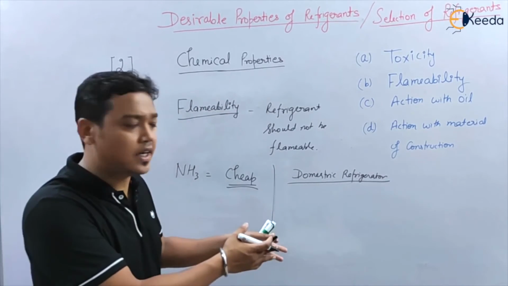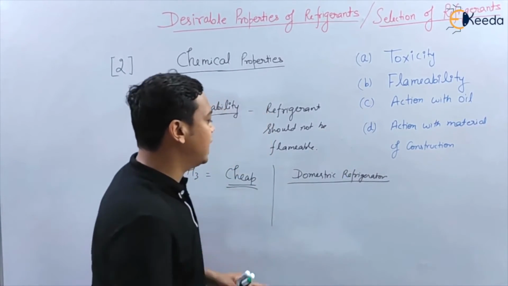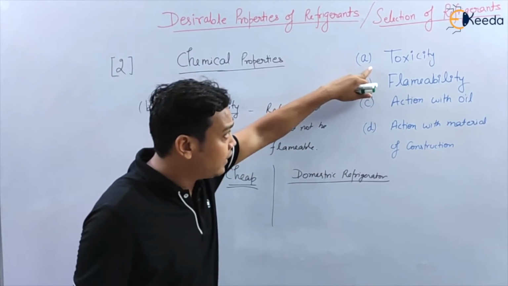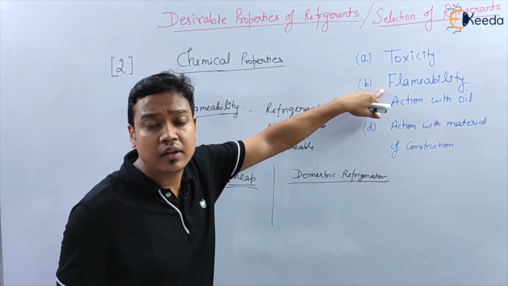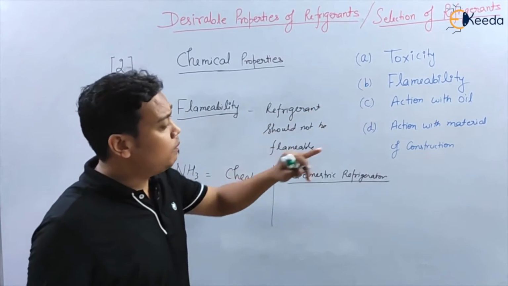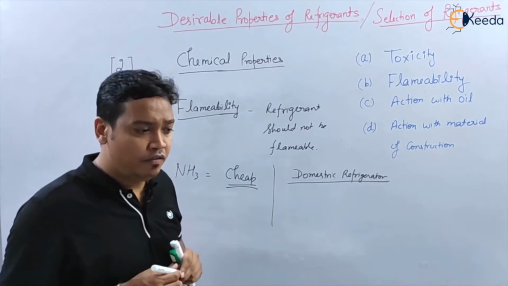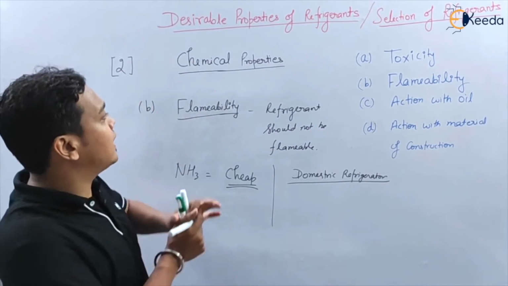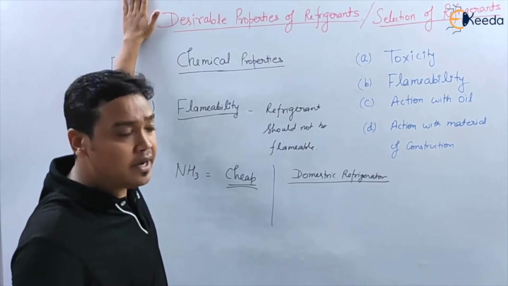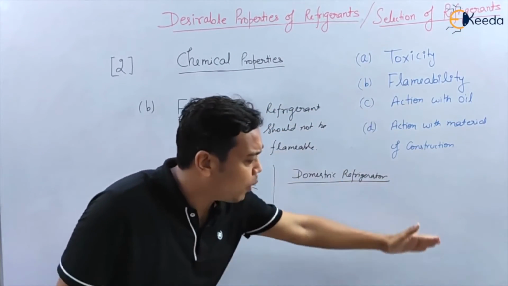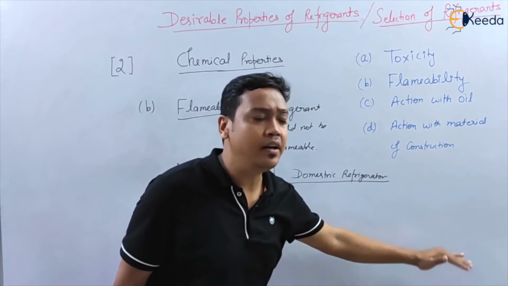We cannot use ammonia because ammonia is toxic as well as flammable. So before choosing any refrigerant for a system, we have to see all the properties, like the thermodynamic properties which I have explained, and toxicity and flammability, and other properties which I will explain later.